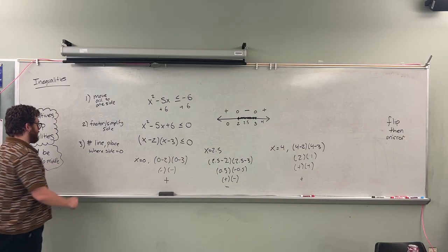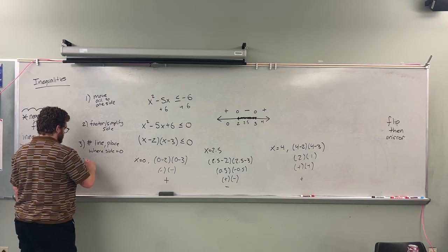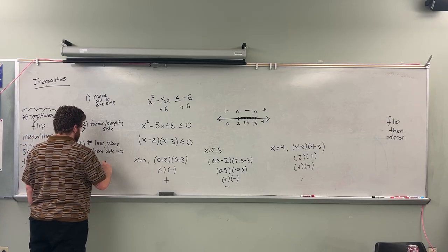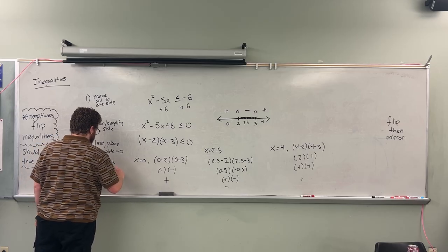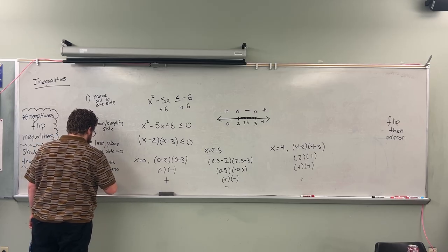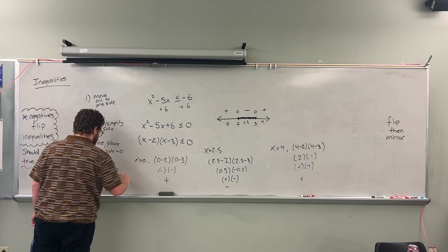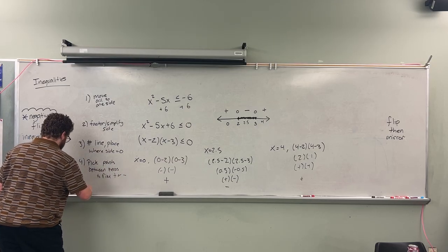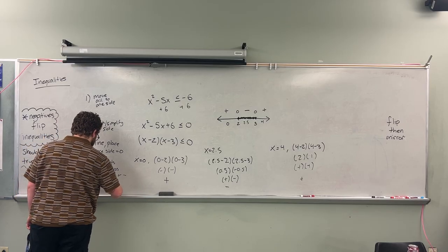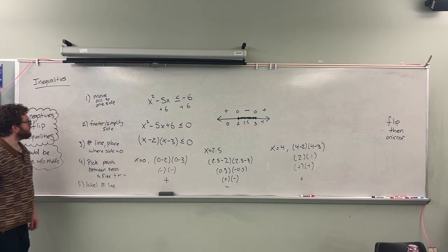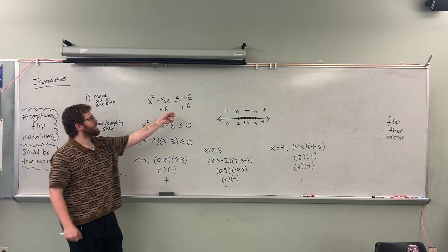So place where side equals 0. Pick points between zeros to find plus or minus. Label number line. So we moved everything to one side first.